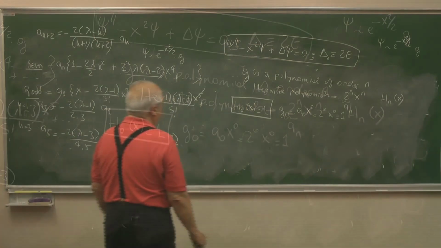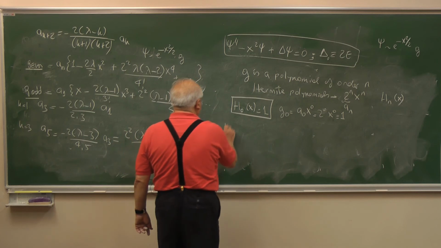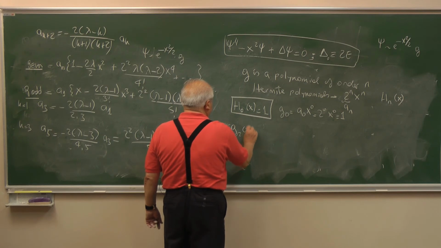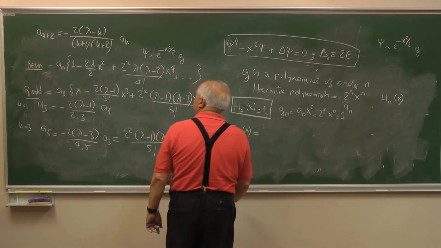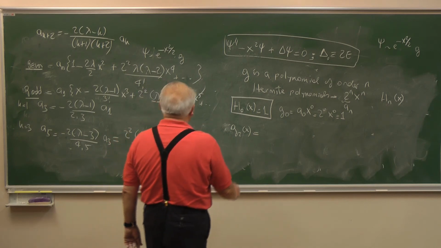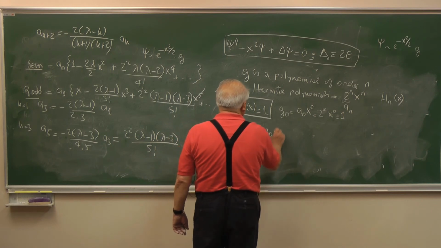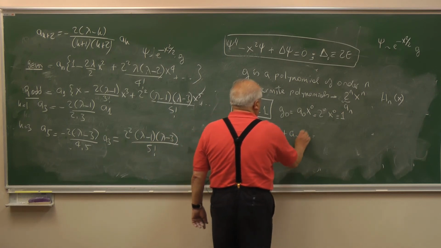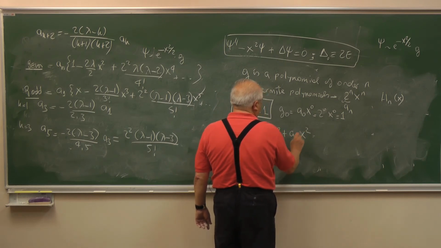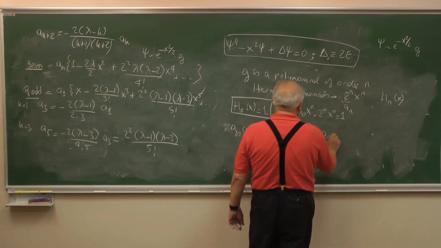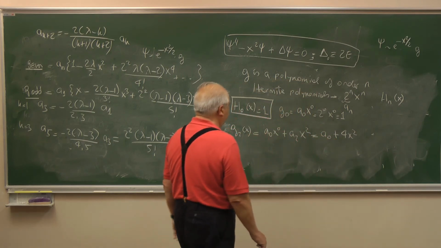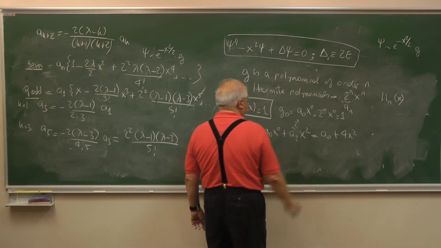Let's take h2 of x. G2 of x is a0 x to the 0 plus a2 x squared. a2 is 2 to the 2, so it is a0 plus 4x squared. This is 2 to the 2.